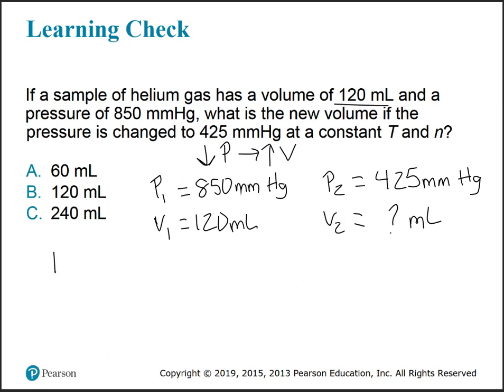Now we set up our problem. We're solving for V2, so I'll circle that. That means we have to divide by P2 on both sides to isolate V2.